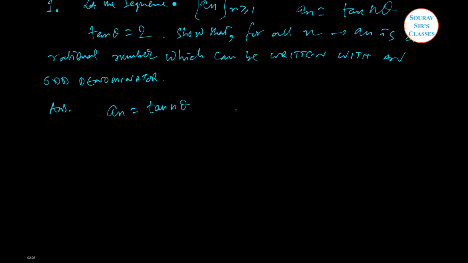As n is greater than or equal to 1, at n equal to 1 this is tan theta equal to a_1, and tan theta equal to 2 is directly given. So we can write a_1 is 2, a rational number.